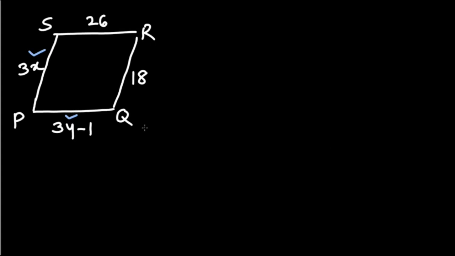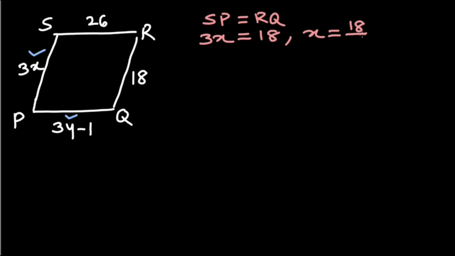We know that opposite sides of a parallelogram are equal. So therefore, side SP equals side RQ. So that will be 3x equals 18, or x will be 18 upon 3, that will be 6.